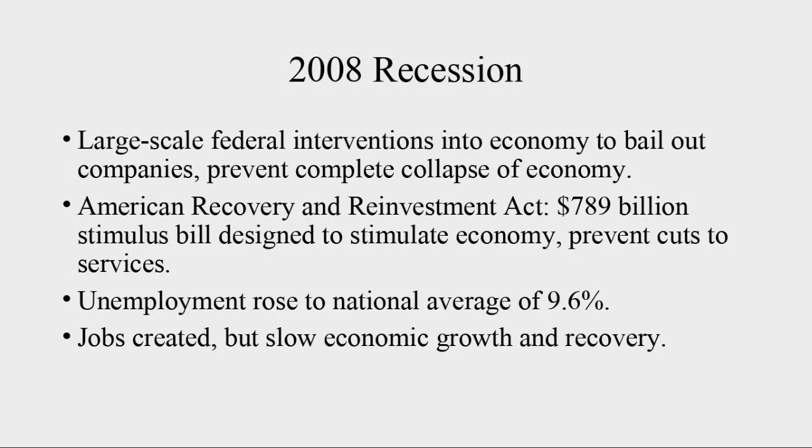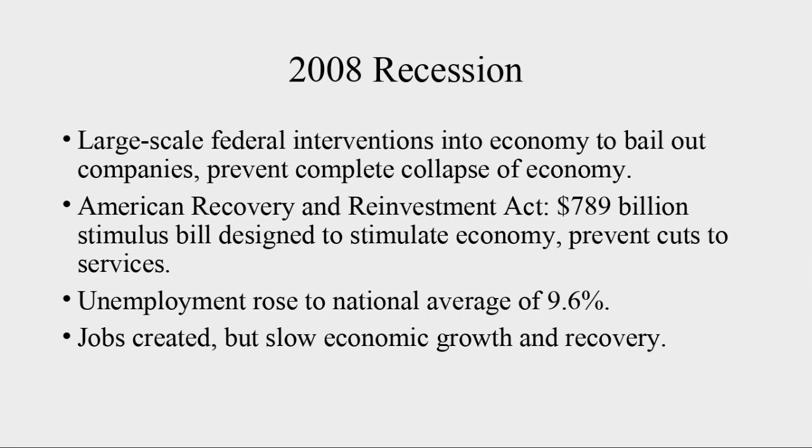Okay, so what happens if the economy collapses? In 2008, we had the largest recession since the Great Depression. Here's essentially how this recession happened. Mortgage companies and banks were giving people mortgages on houses they could not afford. They would give someone a mortgage for a $300,000 house that was beyond someone's price point.